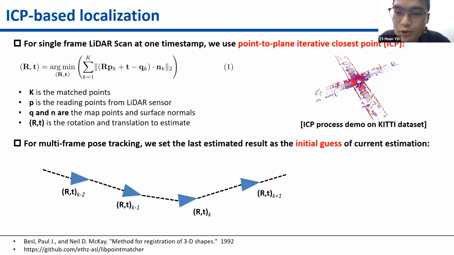Specifically, we use a point-to-plane metric, and on the right side is an ICP process demo on the TUM dataset. In our pose tracking task, which is the localization task, we use the result from the previous estimation as a guess for the next estimation. So in this way, we can achieve reliable pose tracking.